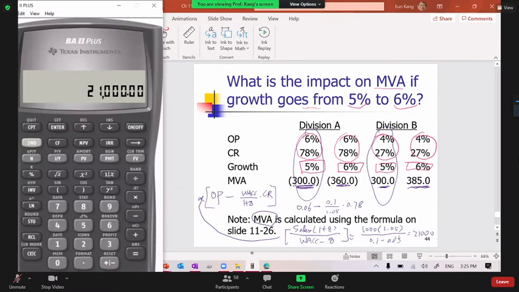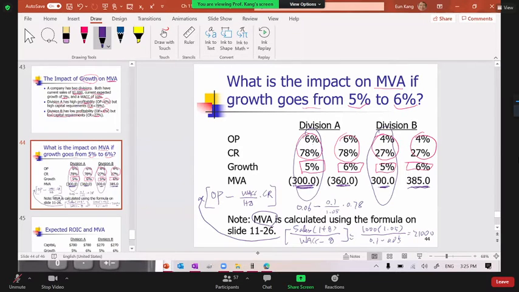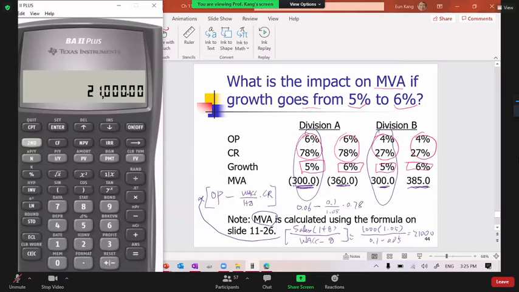That times this one. Oh, sorry, I didn't store it, so I'll have to do it one more time. 0.1 divided by 1.05 times 0.78, 0.07 minus 0.06.